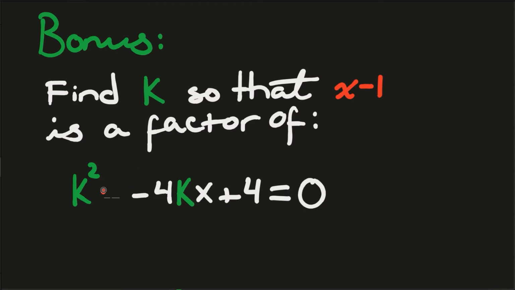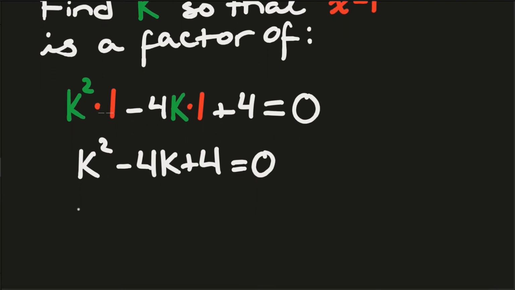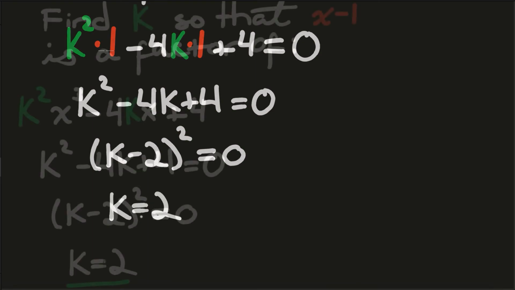This would mean it is times 1, and in here it would also be times 1, which is why we substituted in 1 for x. So if we simplify this, we get k squared minus 4k plus 4 equals 0, and now we have a factorable quadratic. This simplifies to k minus 2 quantity squared equals 0, a perfect square, meaning that k equals 2.